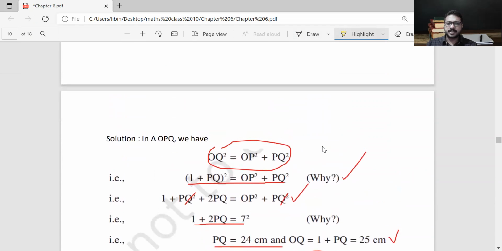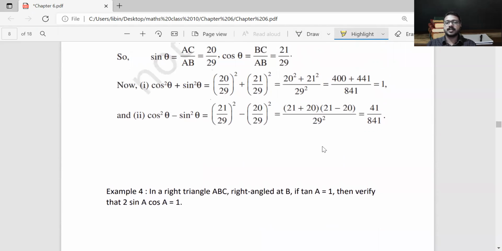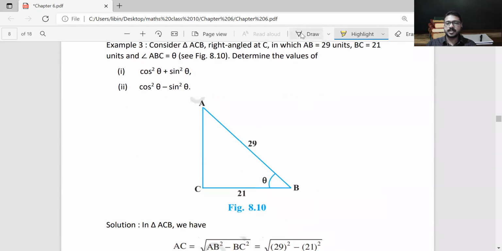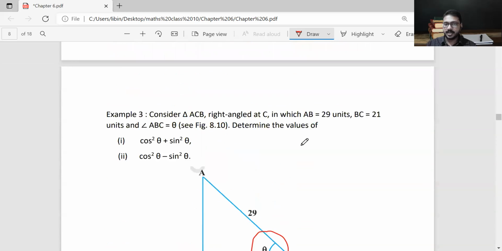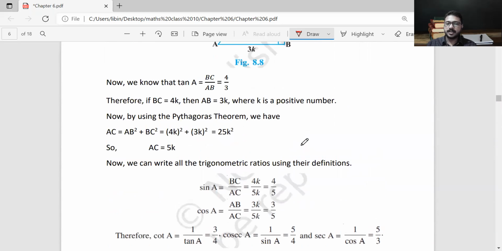See, let us consider the previous examples we have solved here. Okay, consider this question. Here we are given an arbitrary value of angle, which is named as theta. Okay, we don't know the value of theta. Fine.